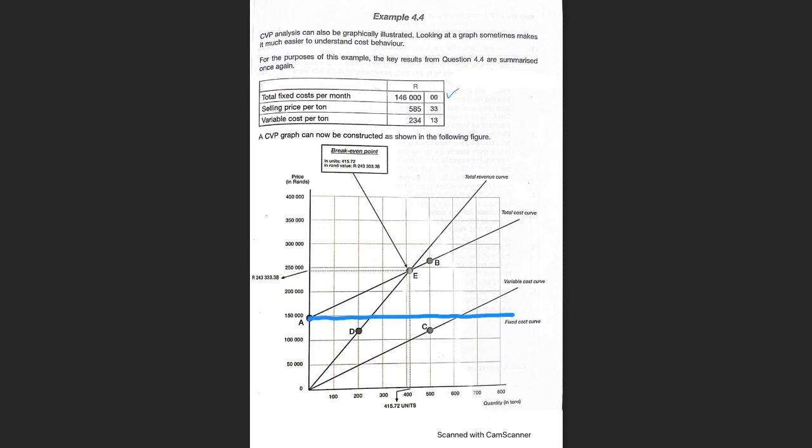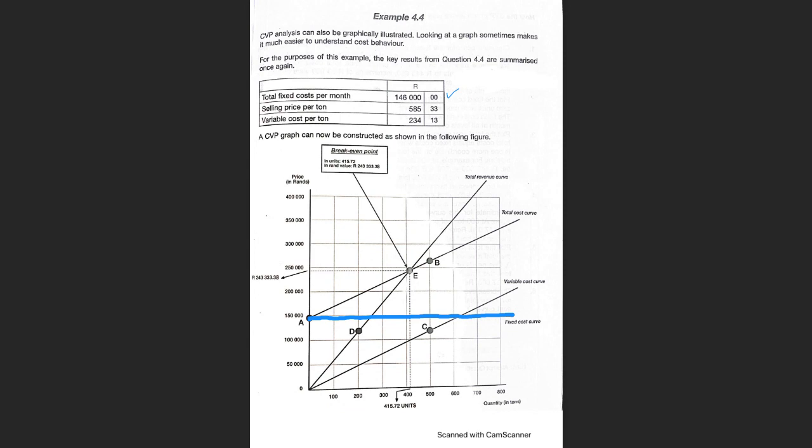It's just below the 150,000 Rand mark, and it's a horizontal line because regardless of how many units are being produced here, that cost will remain the same. So that's pretty simple and straightforward in terms of your total fixed cost.